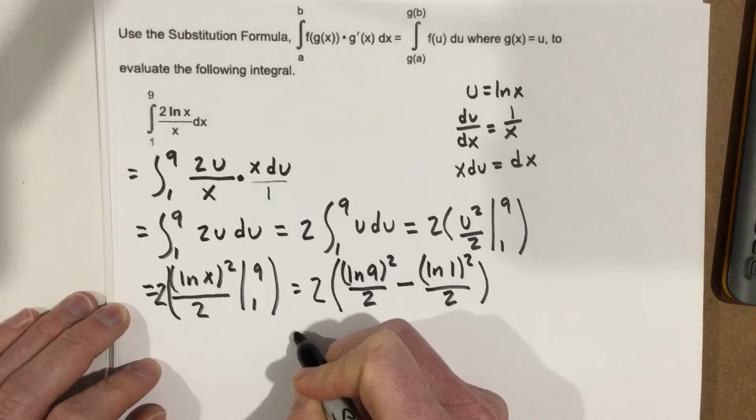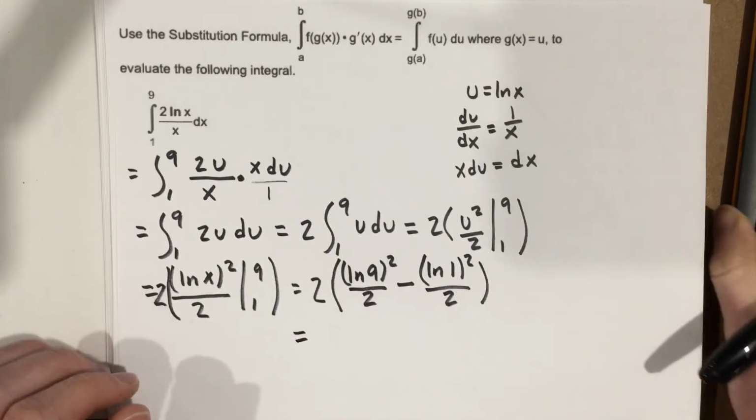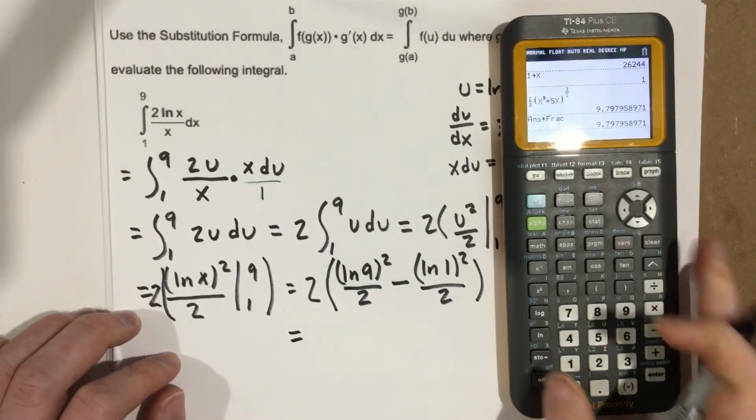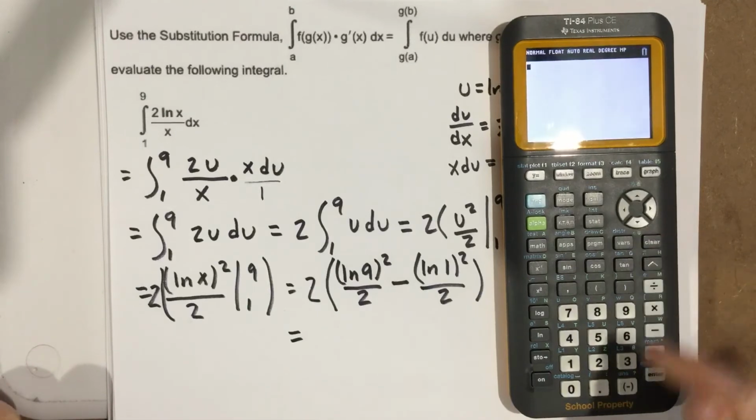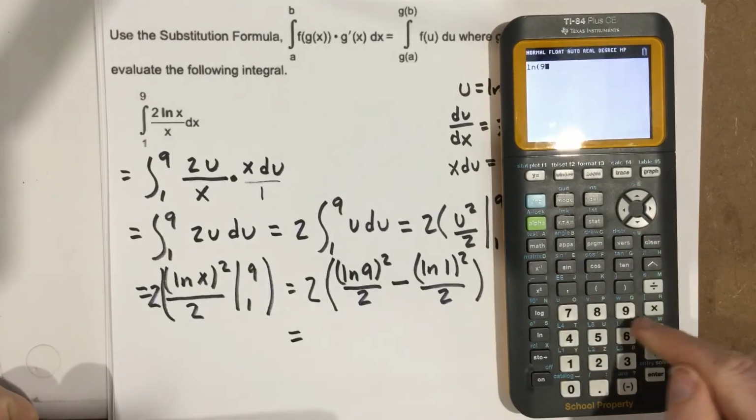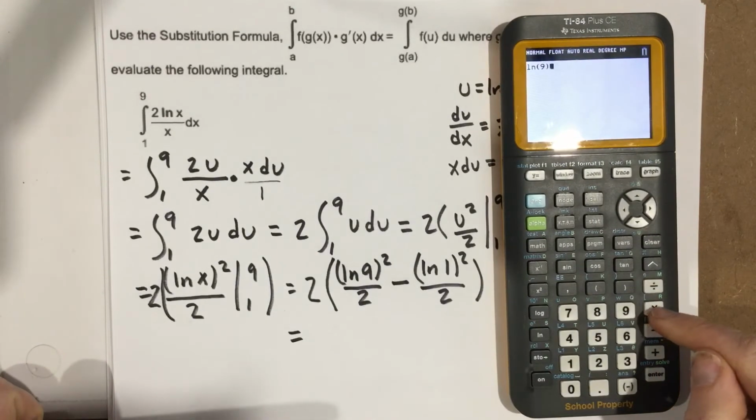Now we just need to plug that in the calculator. It wants an exact answer. Type an exact answer. Well, let's see what happens here. If we do natural log 9, I don't think we're going to get an exact answer here.